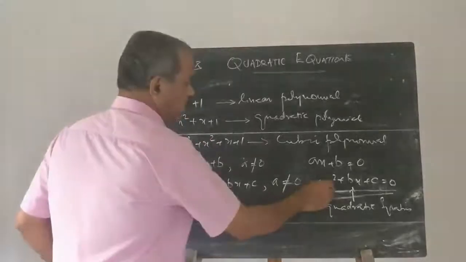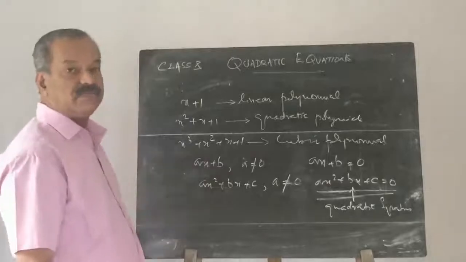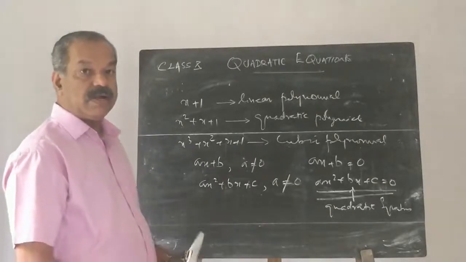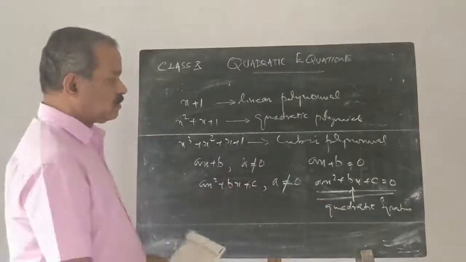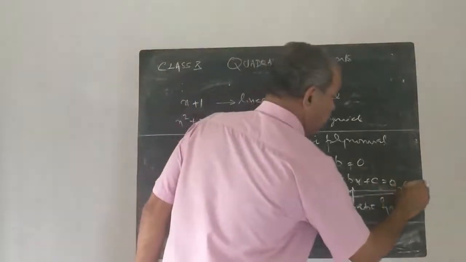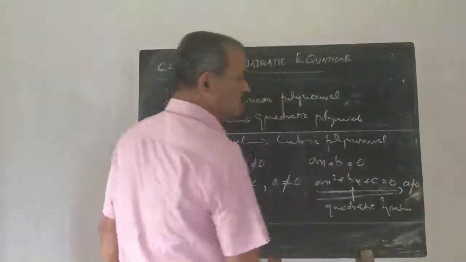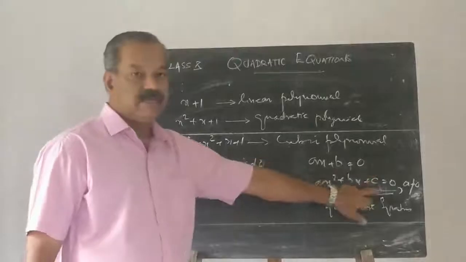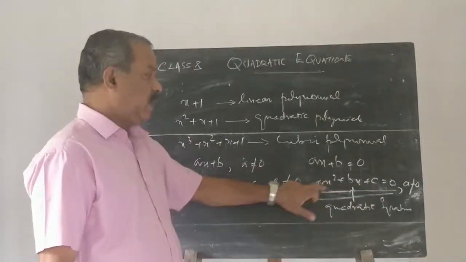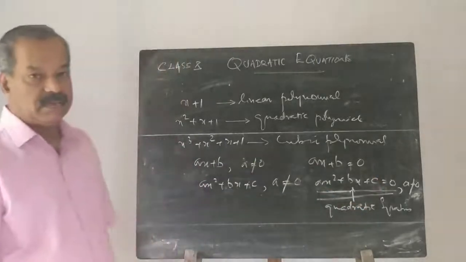So this can be considered as the standard form of a quadratic equation: ax square plus bx plus c equals 0, where a is not equal to 0. a cannot be 0. a, b and c are real numbers.